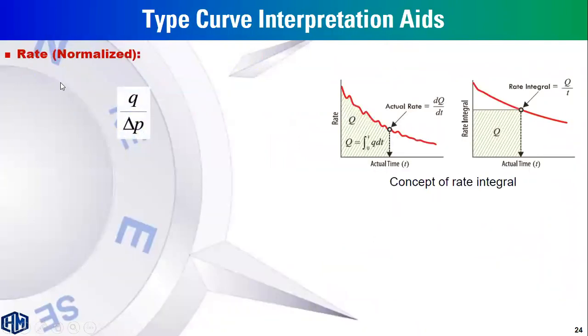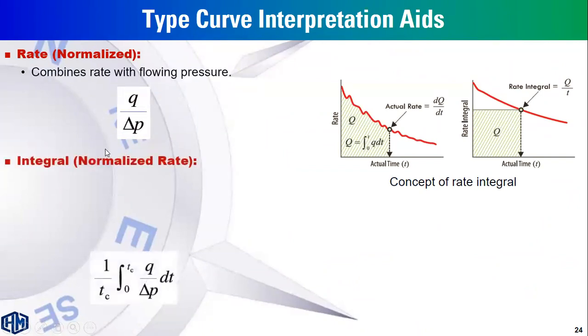So the material balance time is Q over the flow rate. And now we have this definition, which is the rate normalized, as you can see, Q over delta P, which is the pressure normalized rate.